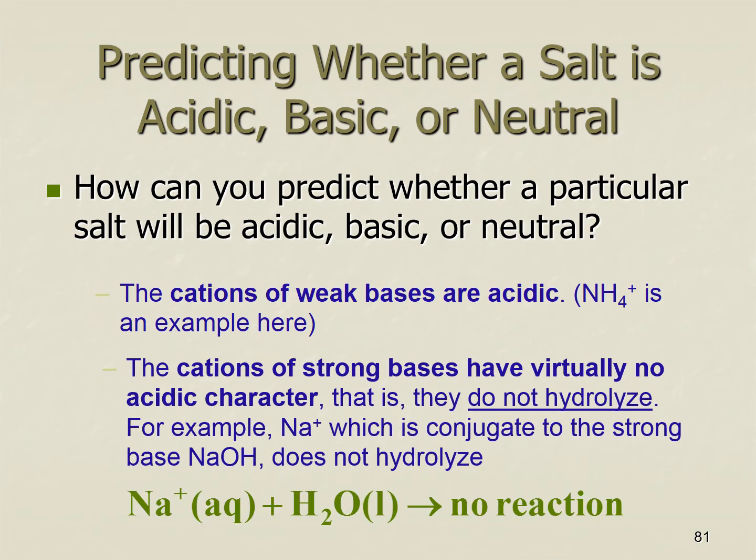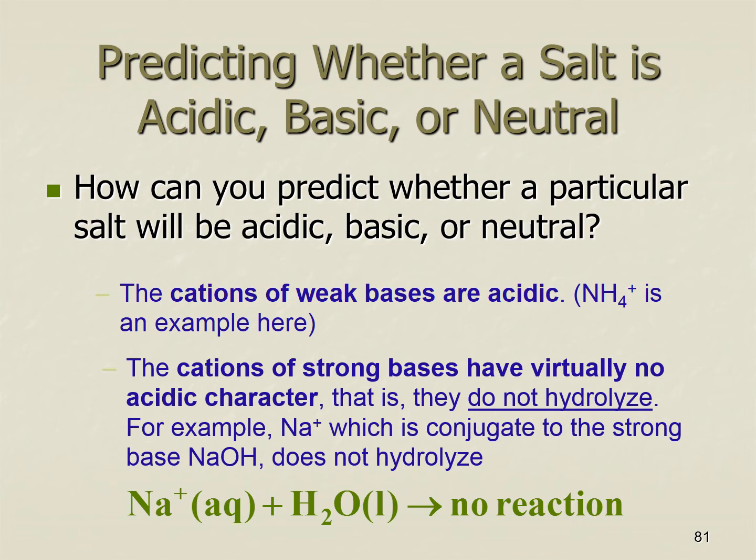The cations of strong bases, however, just like the Cl negative, the anions of a strong acid, have virtually no acidic character because they just don't hydrolyze. If they're willing to break apart from that OH negative that doesn't want to grab an H, there's no acid.